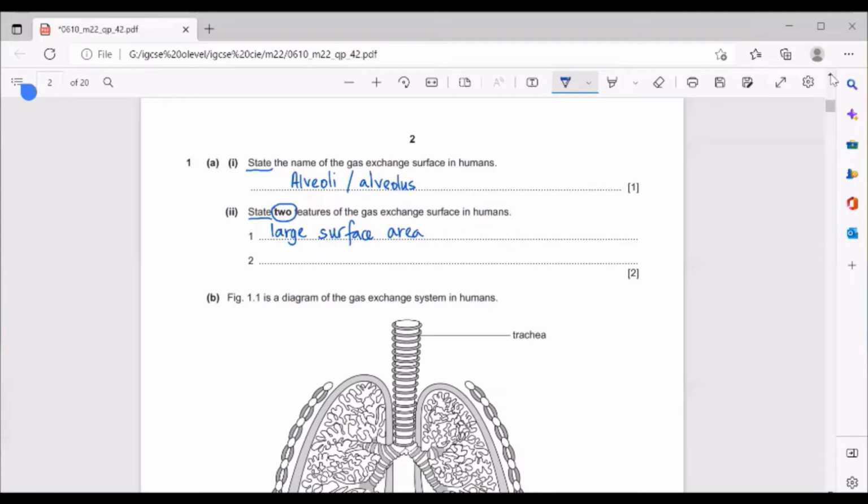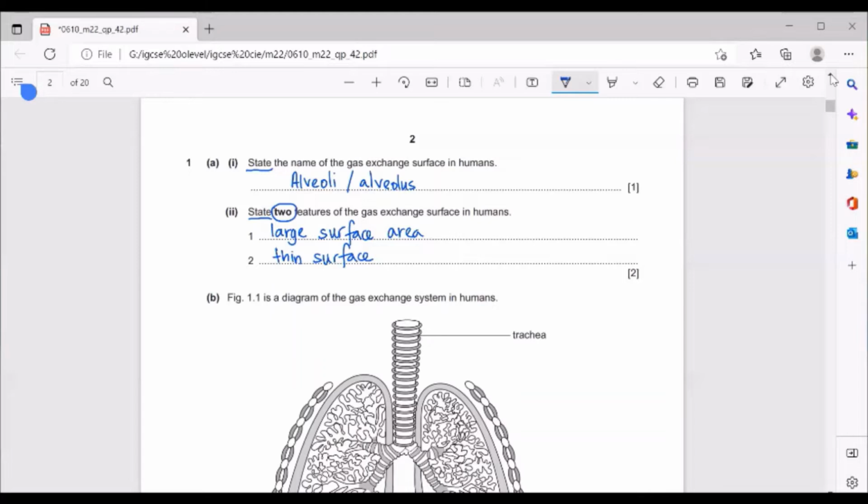Okay, number two, you can mention about thin surface. The gas exchange surface is thin, or you can say that it has a thin wall. This is important because it provides a short diffusion distance or a short diffusion pathway so that diffusion can occur as fast as possible.